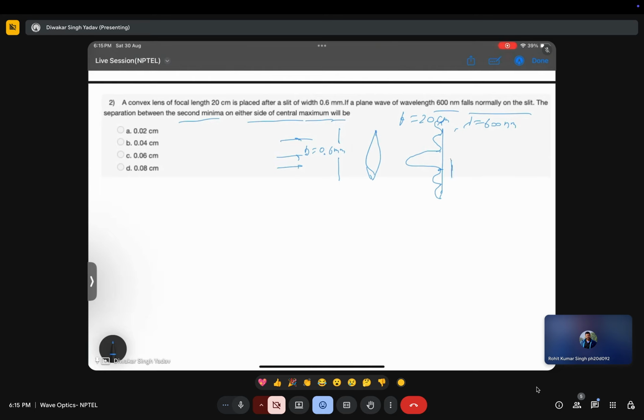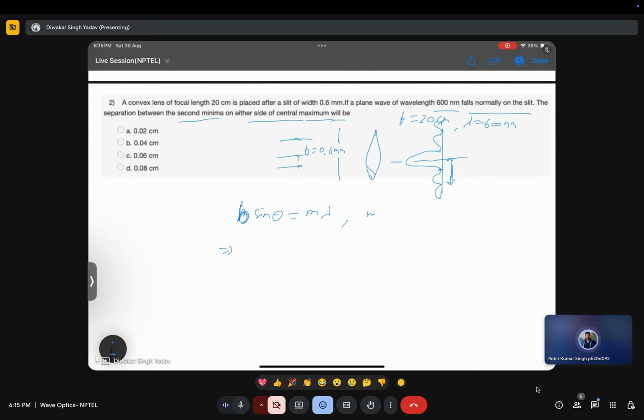How to calculate this? Again, for minima we have b sine theta equal to m lambda, right?